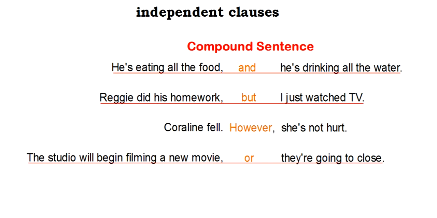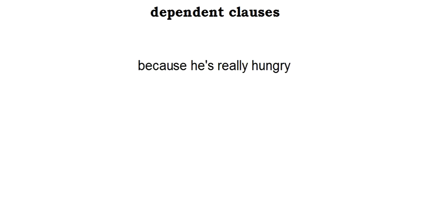Okay, I'd like to talk about another type of clause, the dependent clause. We also call these subordinate clauses. Now, just like independent clauses, they have a subject and a verb, and they may or may not have objects. This one has a complement. But what makes them different is they cannot stand alone.